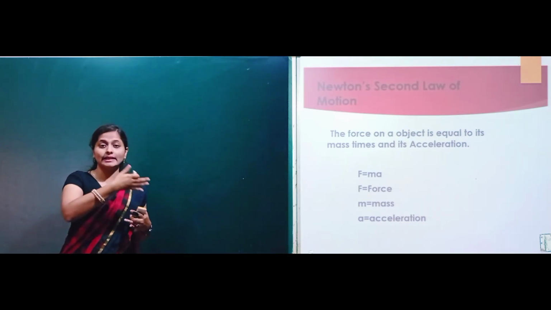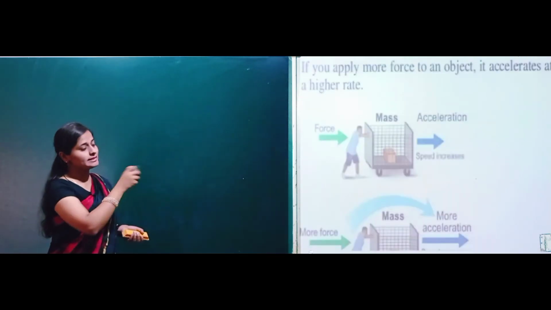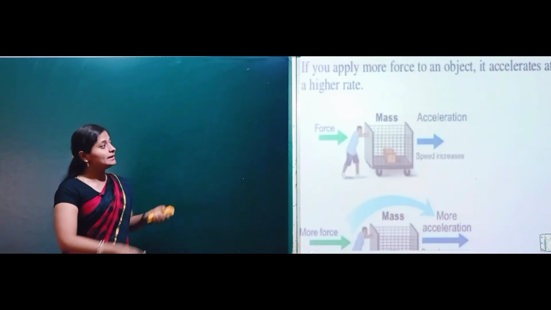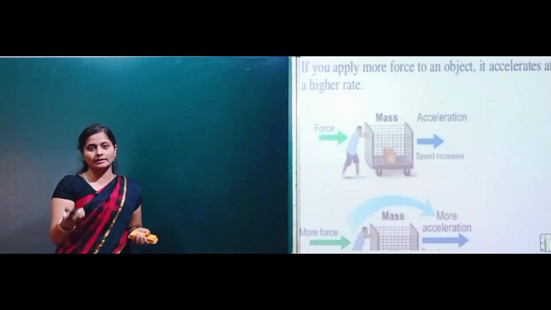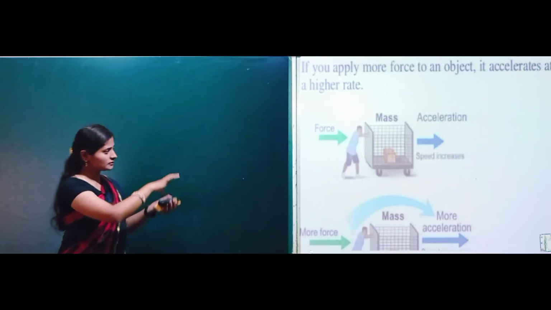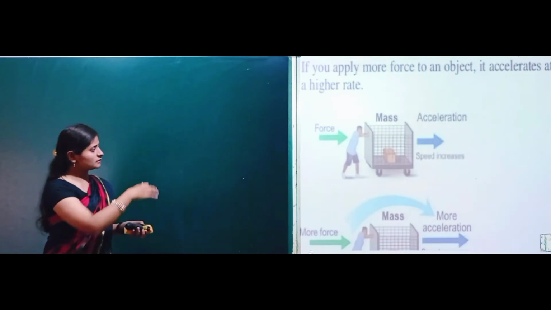How does the second law take place? We will see this image. See here, if we apply more force to an object, it accelerates at a higher rate. A man is pushing a certain mass which is on a wheel.